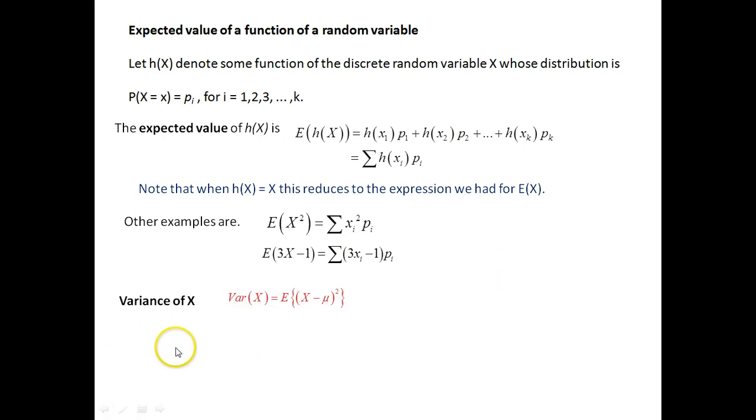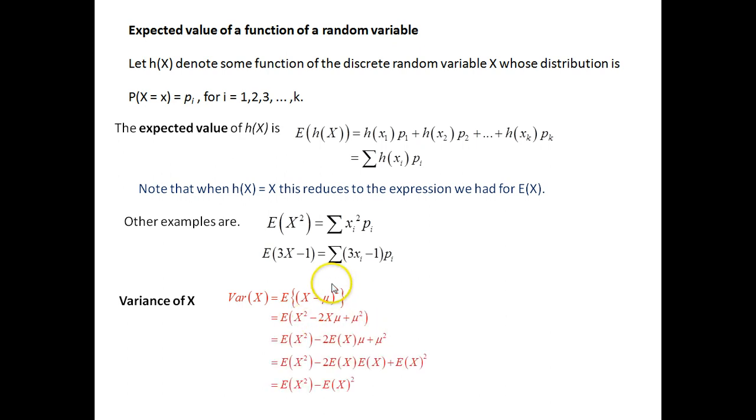The variance is what we're interested in. So the variance of x is defined to be the expected value of x minus the mean, all squared. So if we expand the bracket there, we've got x squared minus twice x times mu plus mu squared. I can take the expectation in.